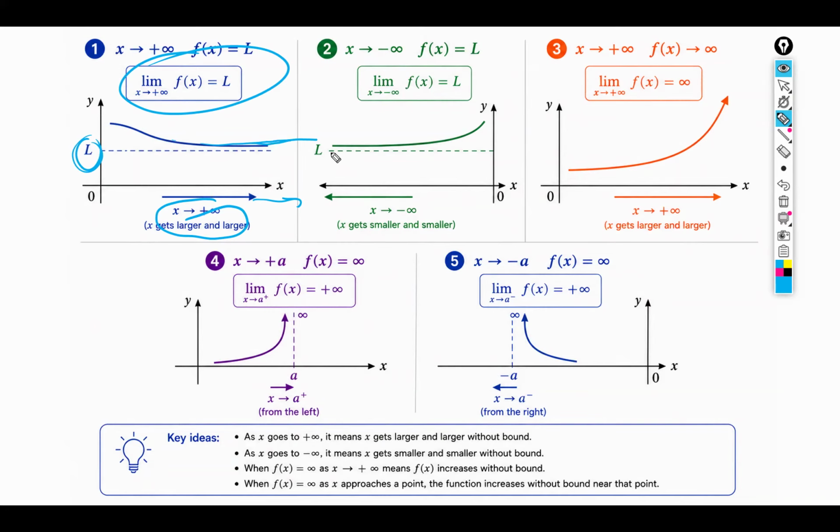Here, when my x is getting closer and closer to negative infinity, my f(x) is getting closer and closer to L. That is, x reaching minus infinity, f(x) equals L. Here x reaching plus infinity, right? So now when you write like this, we know that this is not going to cross L. It's getting closer and closer to L, but it's not going to cross my L.